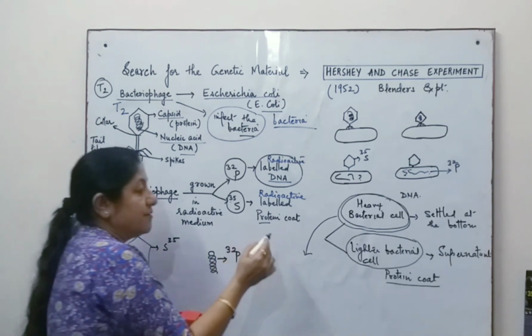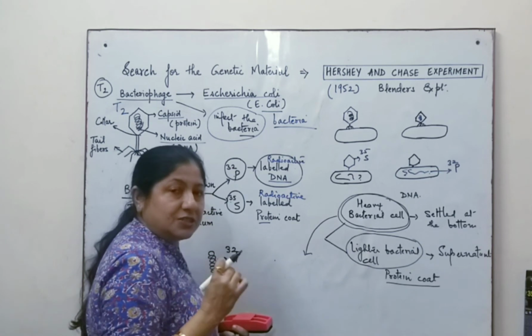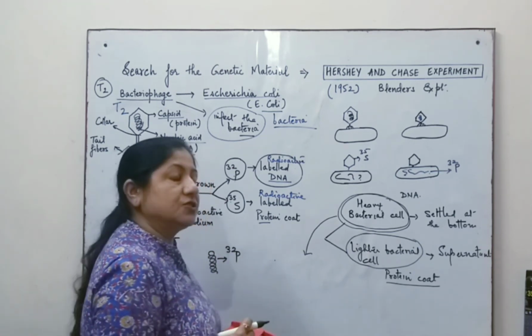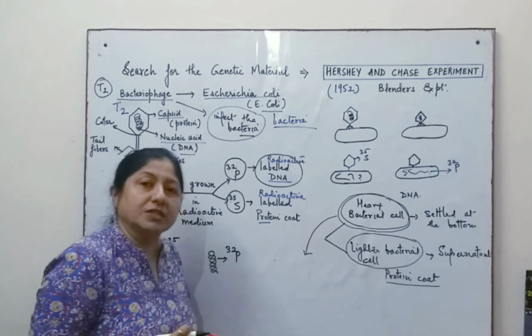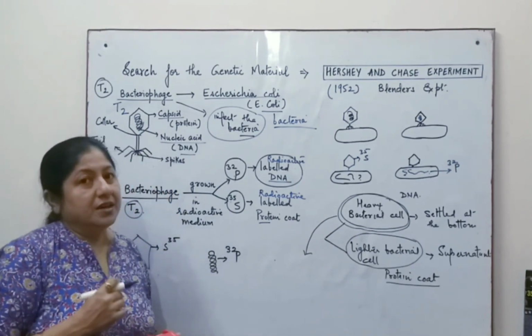So this experiment proved that it is the DNA that is the genetic material, responsible for the transmission of traits, and is the hereditary substance.